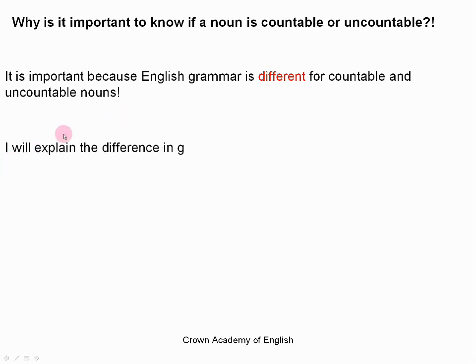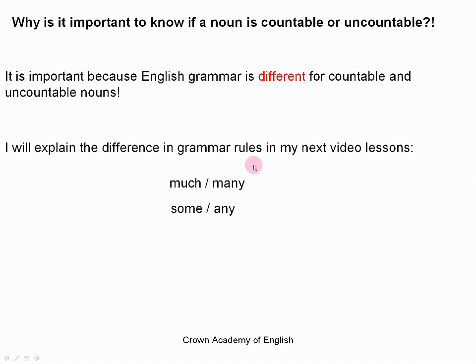And I will explain those differences in grammar in my next video lessons. So in my next lessons, I will explain words like much and many, some and any. And you will see that these words are different for countable nouns and uncountable nouns. Alright, so that will be the next lesson.